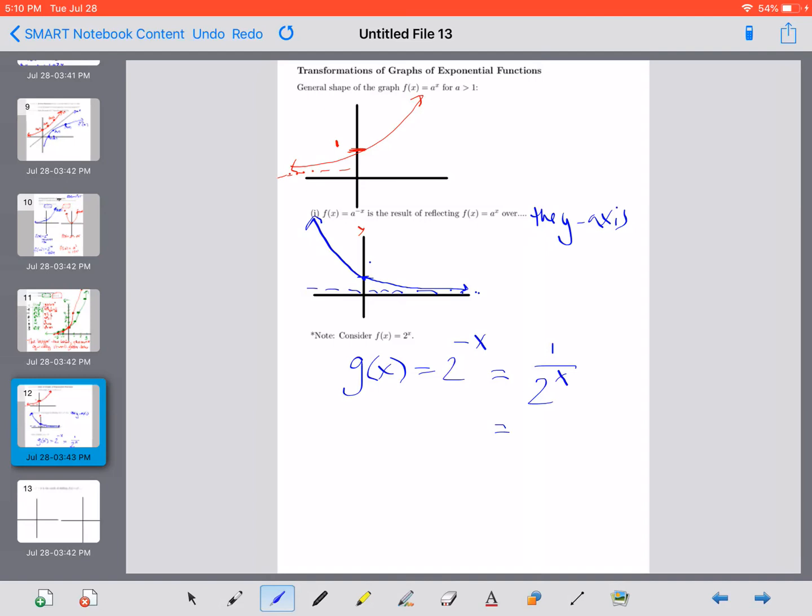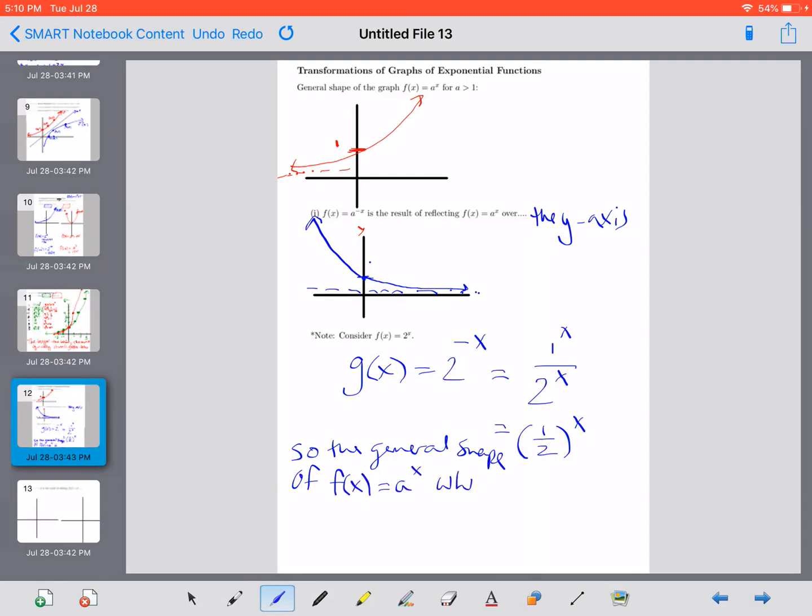And we could rewrite this whole thing as (1/2) to the x power by pulling the x out in front. We can do that because we could, for example, put an x here and it's not going to change anything. Right? And so this is actually telling us the general shape of a graph for a function f of x equals a to the x, where the base, a, is less than 1.